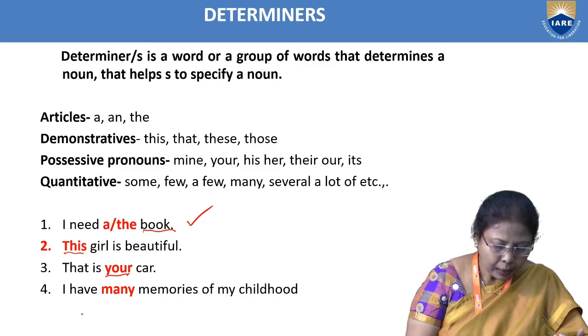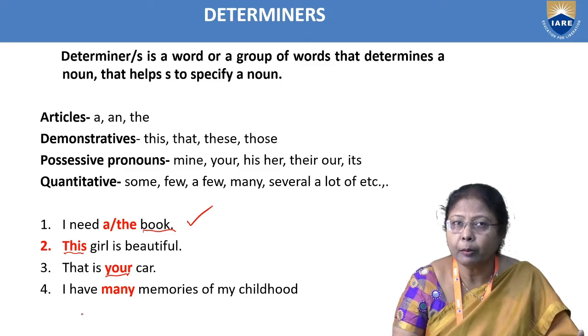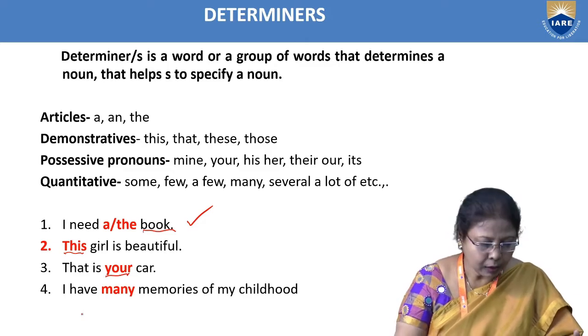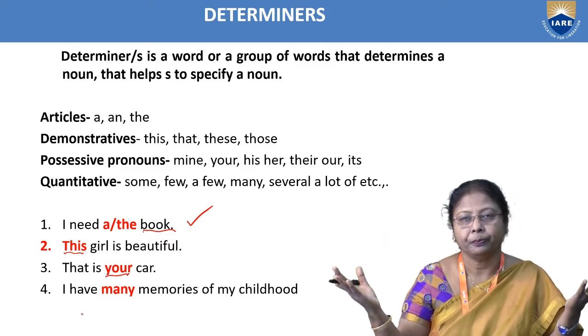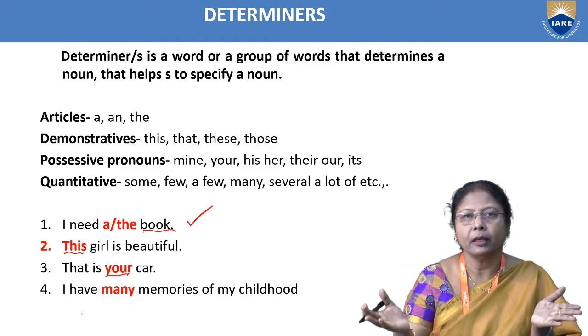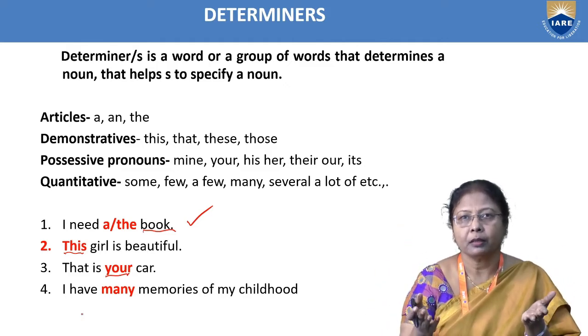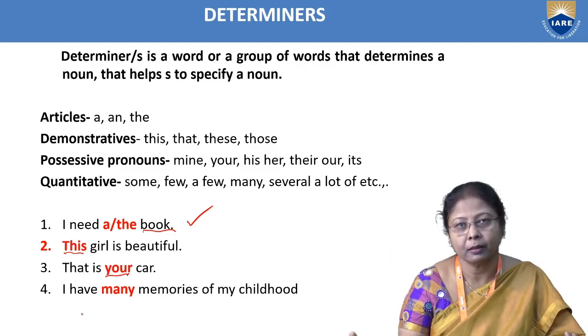The next one is, I have many memories of my childhood. I have many memories. Many memories here. These are quantitatives. How many memories? Many. A few, few memories, several memories, a lot of memories.